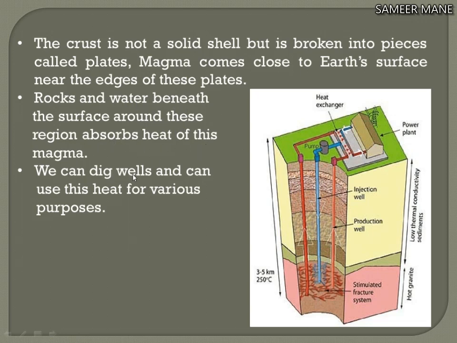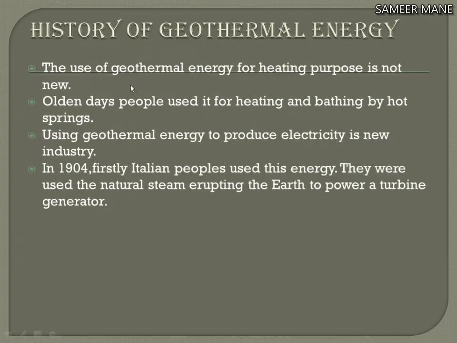We can dig wells and use this heat for various purposes. Let's see the cross section of the earth's crust. By digging, we can release the steam for power generation, and also send the cold water into the same reservoir.